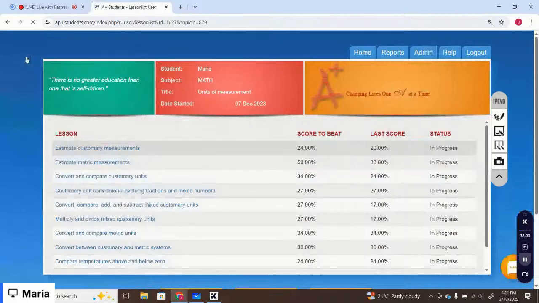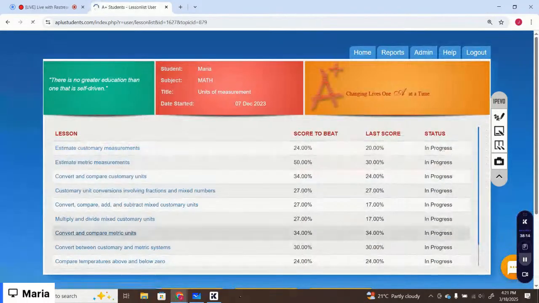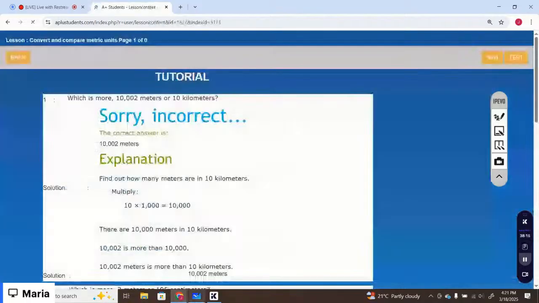Okay, the next one is compare and convert metric units. Which is more, 10,000 meters or 10 kilometers?